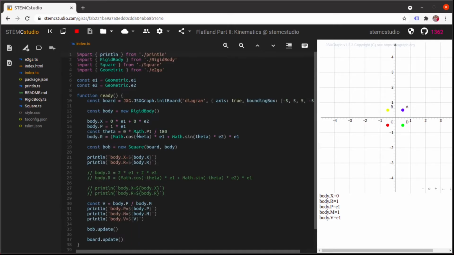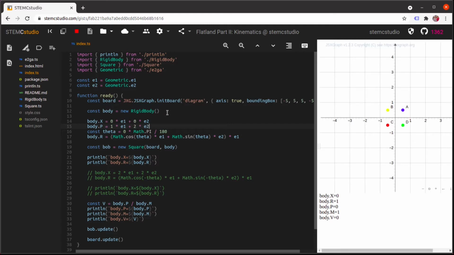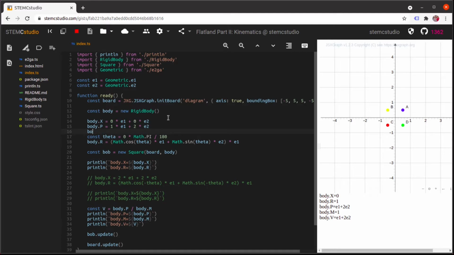Let's give ourselves a slightly different situation. Let's say 1e1 plus 2 times e2, and you can see that the momentum is that. Let's change the body's mass, just to make sure we're good.